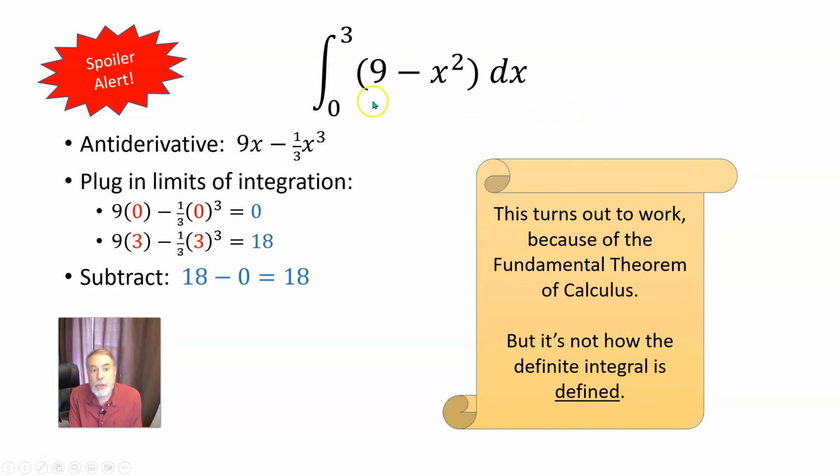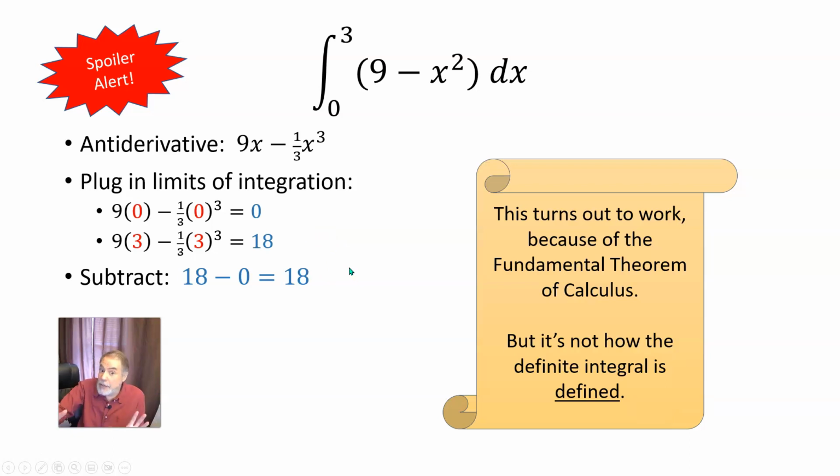They think it means, okay, take the antiderivative of this function, like in this example, the antiderivative of 9 minus x squared would be 9x minus 1/3 x cubed, then plug in those limits of integration, the 0 and the 3, into that antiderivative, and then subtract to get the value of that definite integral.